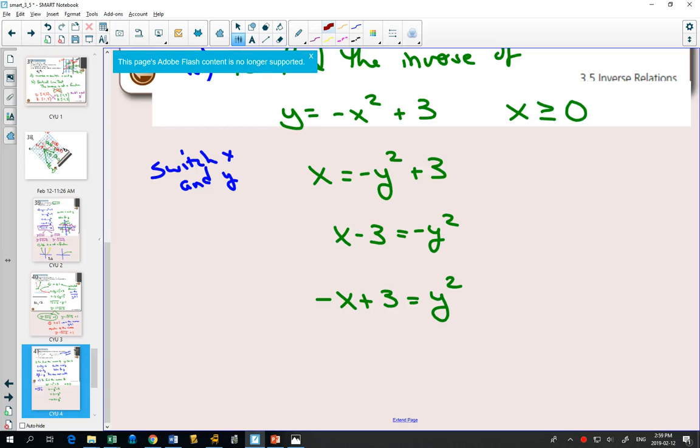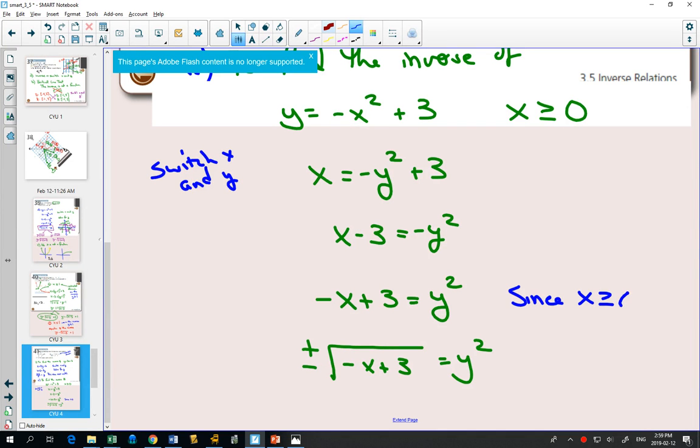Now we can square root. The question is, though, there was a restricted domain, so we need to figure out, do we take the positive one or the negative one? Okay, so a little note off to the side.